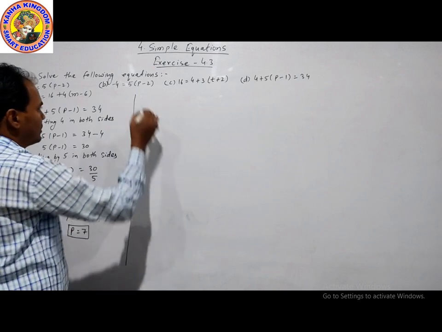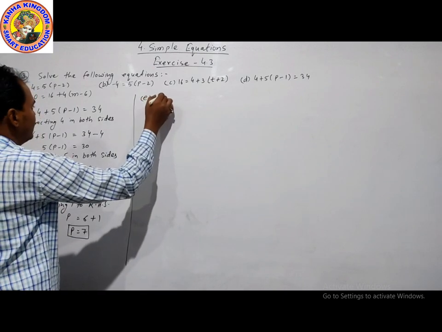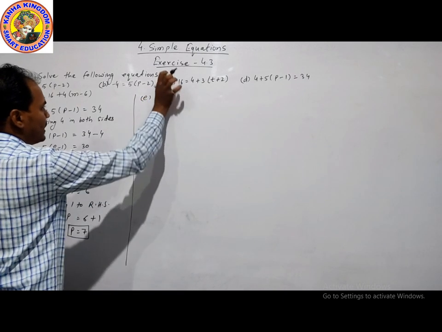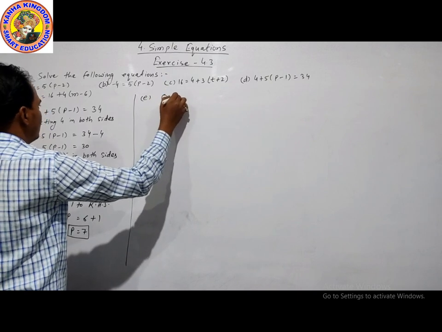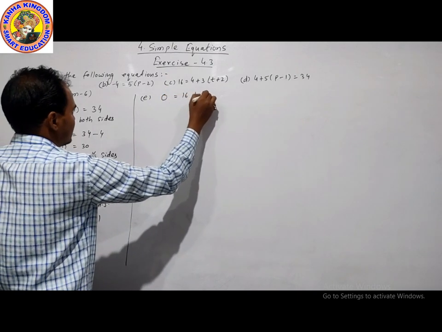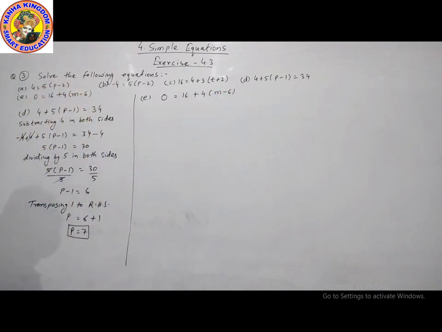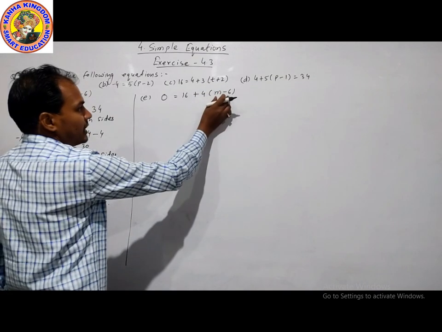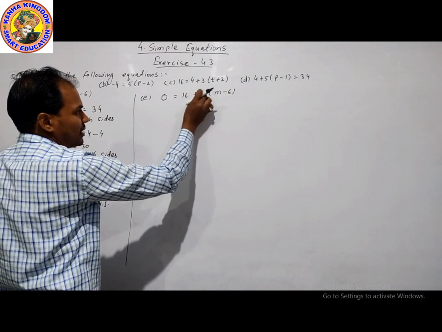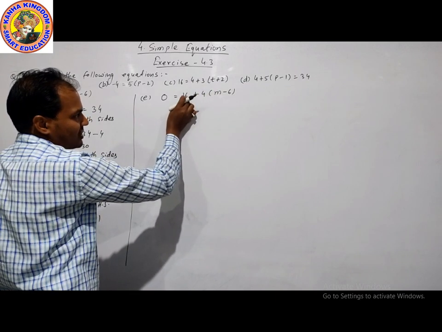Now taking the next part, part E. The equation is 0 is equal to 16 plus 4 into (m minus 6). First of all, here is m, multiply by 4, bracket multiply by 4, then plus 16.